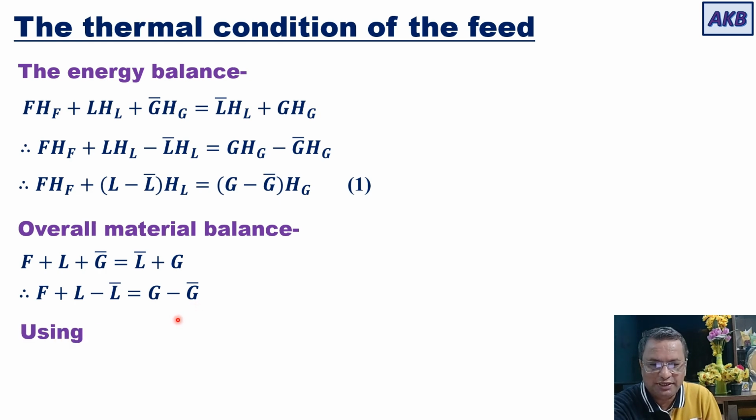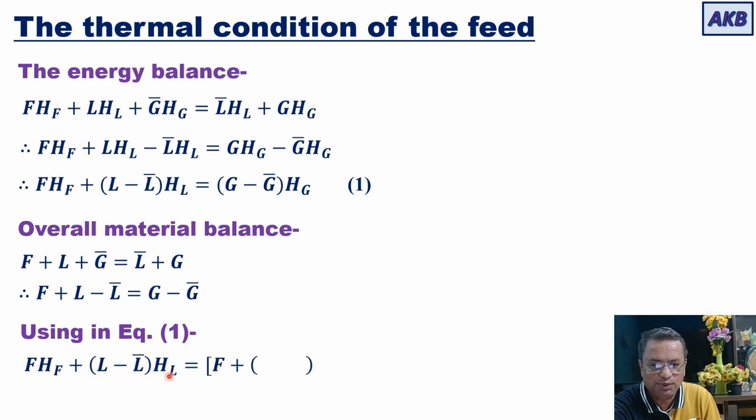At this point, I have got an expression for G minus G bar, which I am going to use in equation number 1. So, using this in equation number 1, I will have F HF plus (L minus L bar) into HL is equal to (F plus L minus L bar) into Hg. Now, G minus G bar is replaced with F plus L minus L bar.